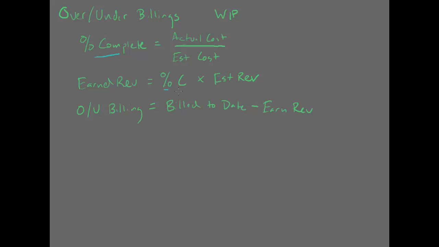My percent complete then is going to be used with my estimated revenue, or how much I'm going to bill at the very end of my job, to calculate my earned revenue. My earned revenue is subtracted from what I've actually billed to date to find if I'm either over or under billed. So let's go through a couple examples here and see if we can calculate our over-under billings for two different jobs.